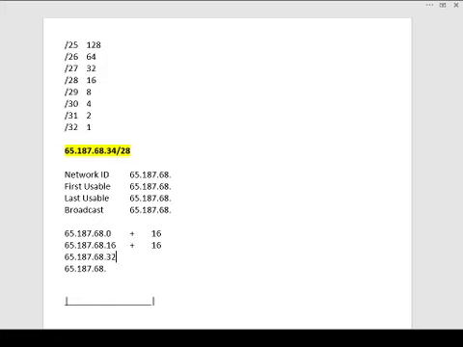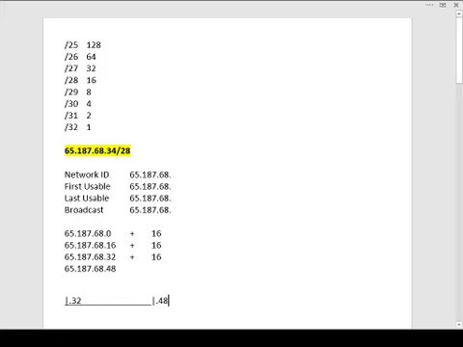Now, 34 does not fall there, so we're going to add another 16, and we are now at 48. The 34 falls between the two. Okay, so now we have the one that's inside the goalpost, which is obviously the .32, and the other network ID that we can't use because it's above it is the .48. So everything from 32 up to less than 48, which will be .47, all belongs to the subnet.